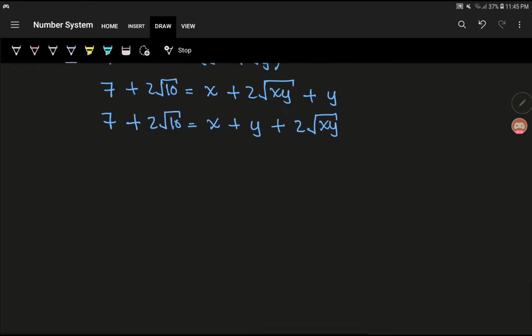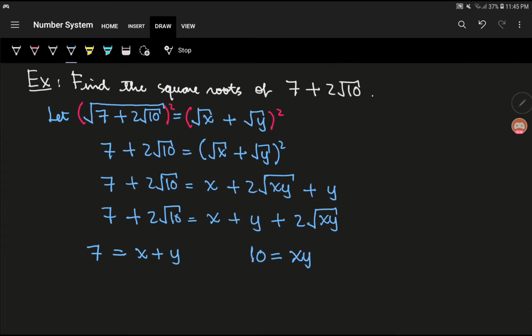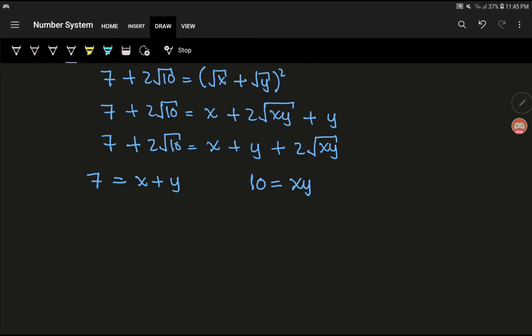When we compare, we can say that 7 equals x plus y, and √10, I think we can evaluate this, 10 is x multiplied by y. So now the problem of finding the square root of this number has transformed into solving two equations simultaneously, non-linear because we have x multiplied by y.